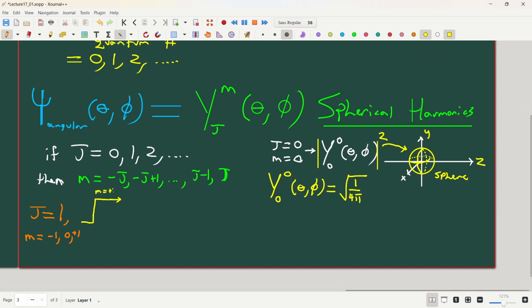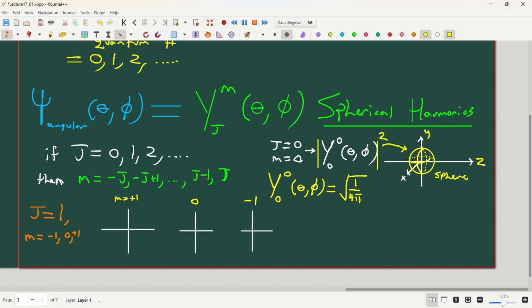So we'll draw the +1, the 0, and the -1 like this. I don't have enough space to plot this, so let me just plot them one at a time. Okay, so I'm going to make 3 plots, one for each. This will be the m equals +1, the 0, and the -1.